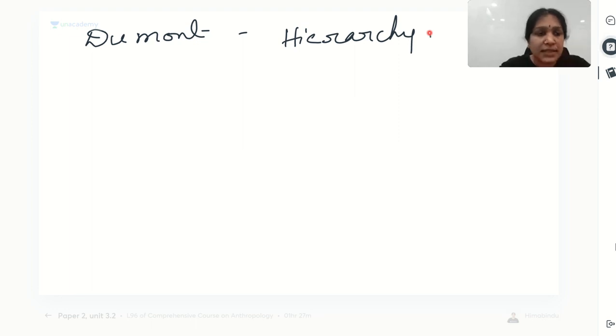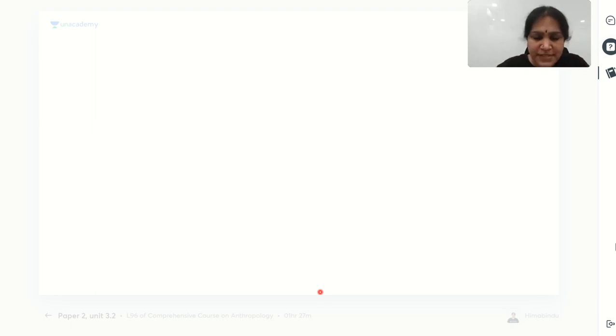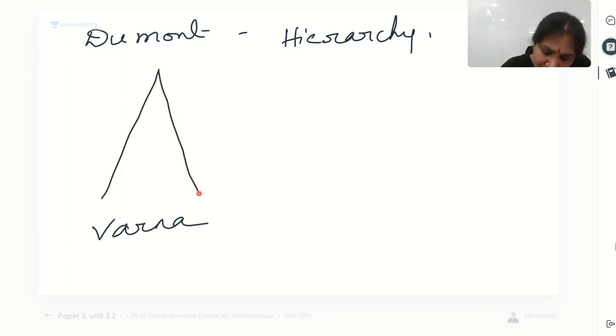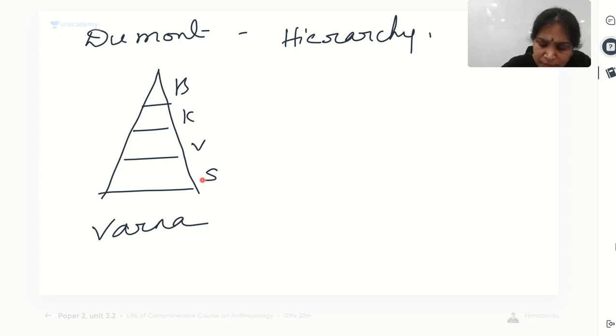Okay, let me give the example for it. First, I'll tell you the simple one. If it is varna, you have only one form of superiority, isn't it? Brahmin, Kshatriya, Vaishya, Sudra.